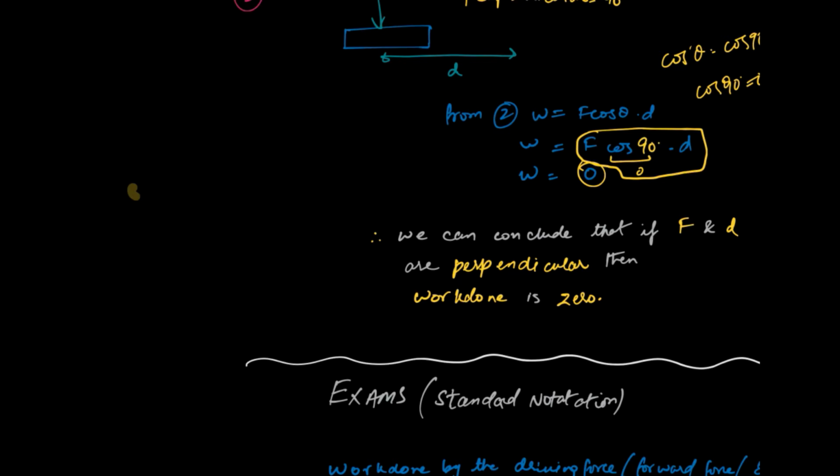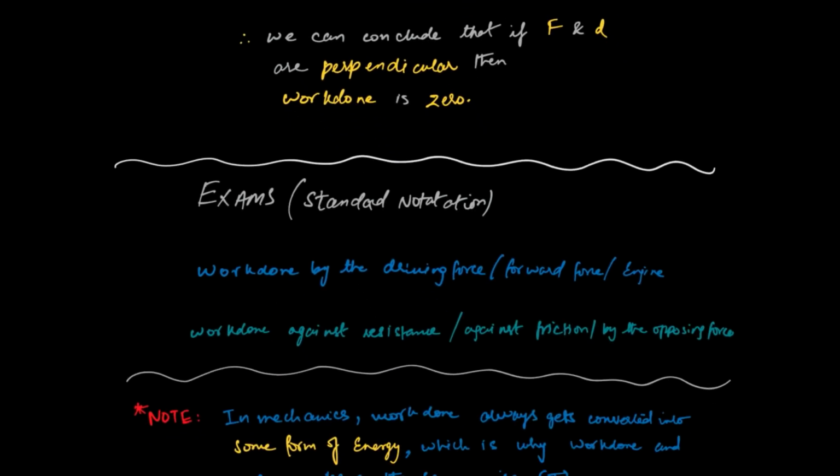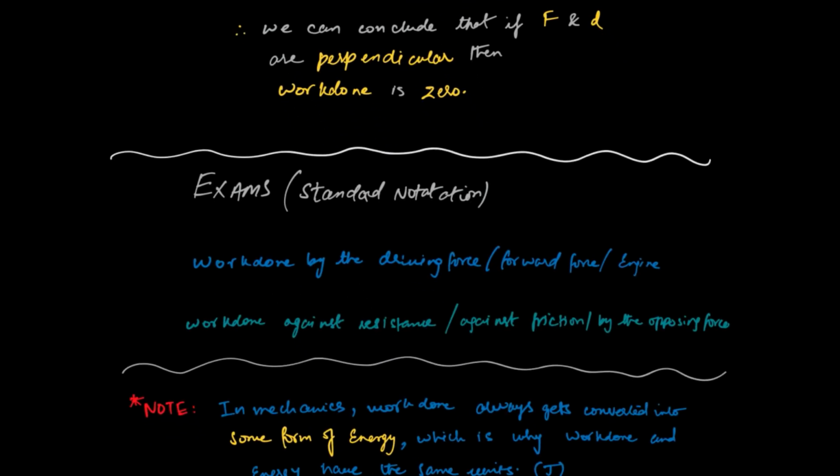Okay, let's move on to the next point, that is the standard notations used in examinations. So we already know that there is a forward force and a backward force. In order to use the term work done, we would say work done by the forward force, or the other wording could be work done by the driving force or work done by the engine.